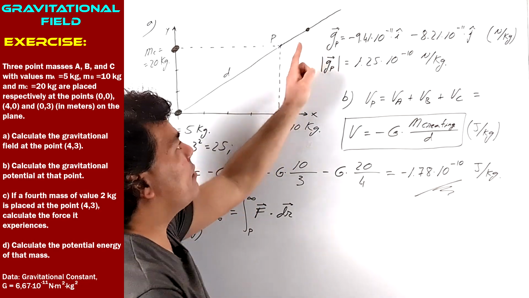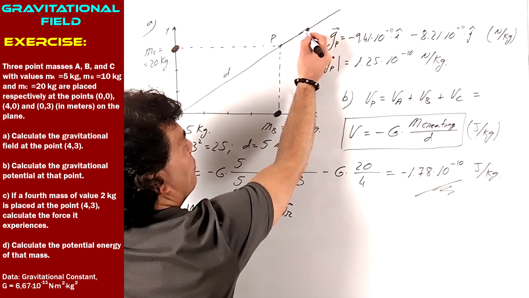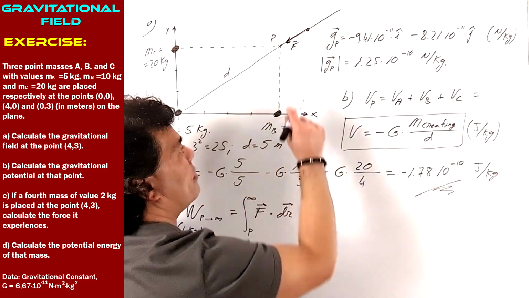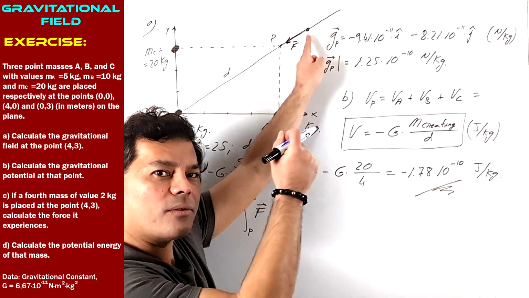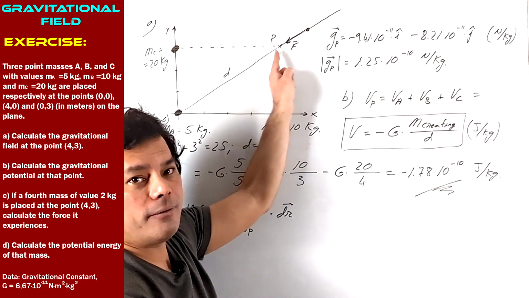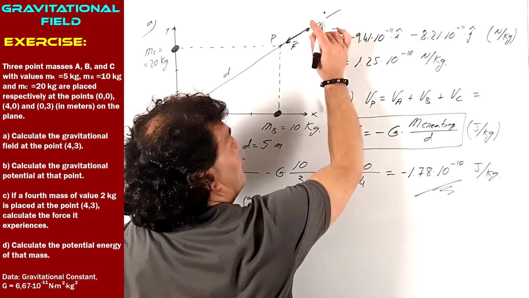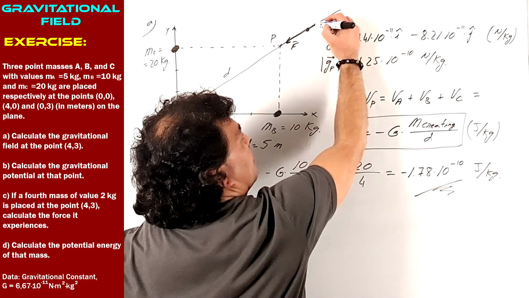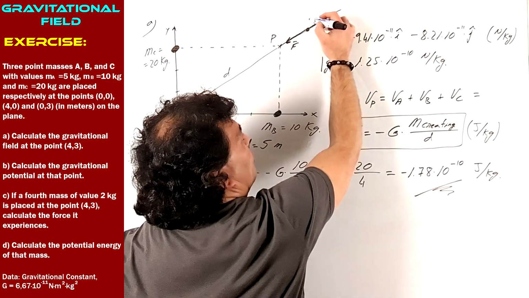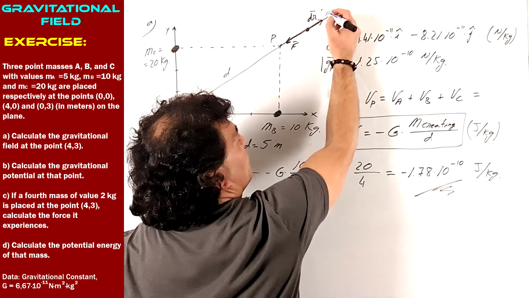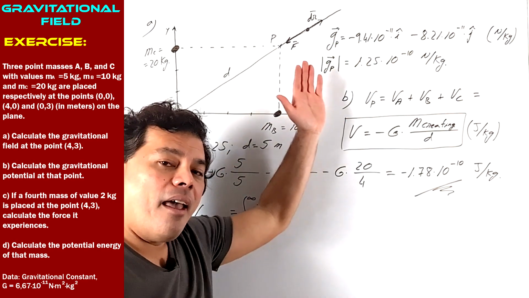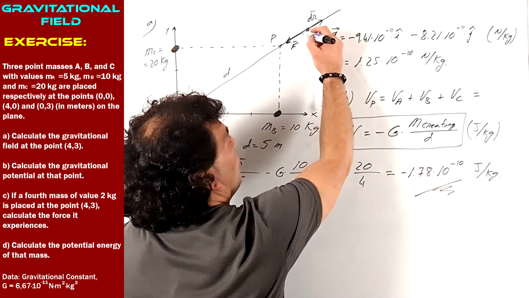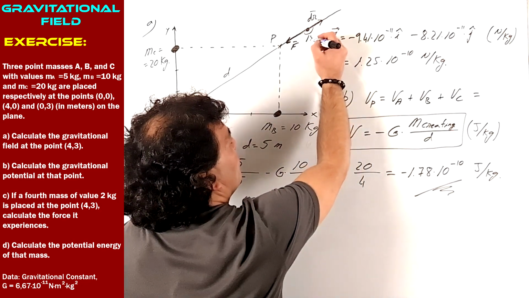The first thing I want to show you is that this is the force that our mass is experiencing, because this mass wants to go back to point P. And as we are moving it from point P to the infinite, this is the differential displacement vector. And as you can see, the angle between them is 180 degrees.